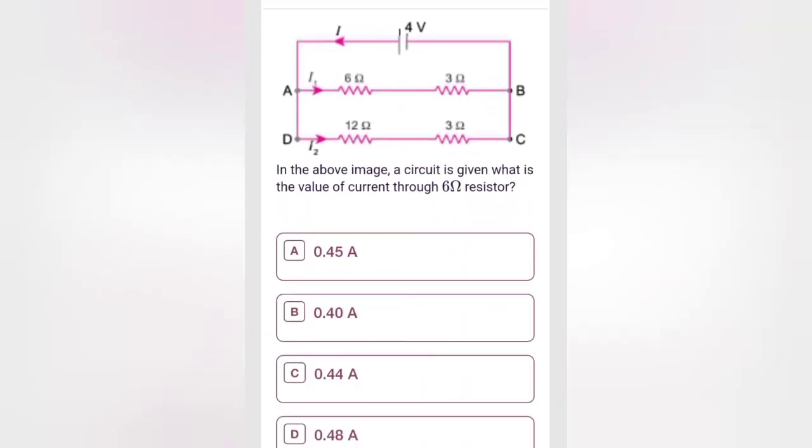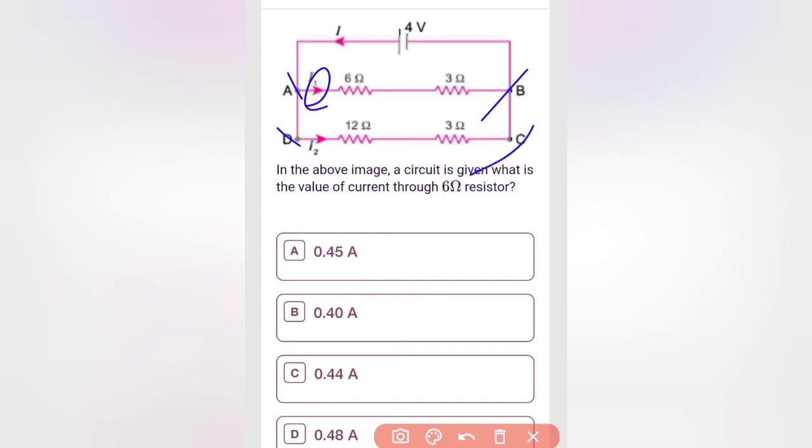In the above image, a circuit is given. What is the value of the current through the 6 ohm resistor? We need to find the value of the current through the 6 ohm resistor. That means the I1 current. How to find this I1 current? See, we know that in a parallel circuit, voltage will be the same. So voltage across AB and voltage across CD is going to be the same.